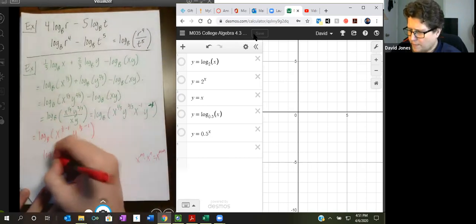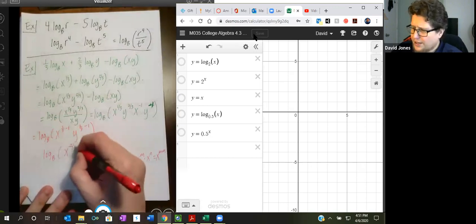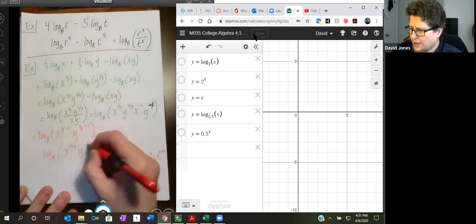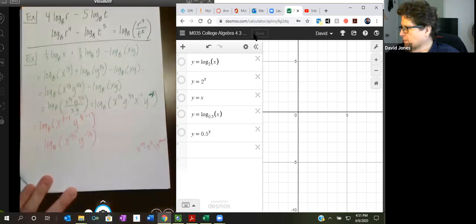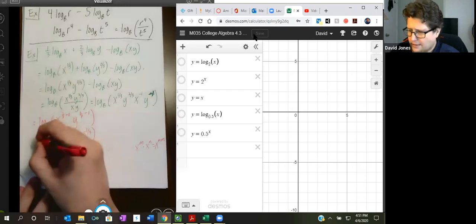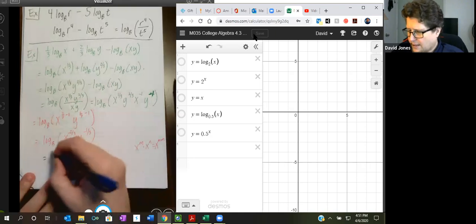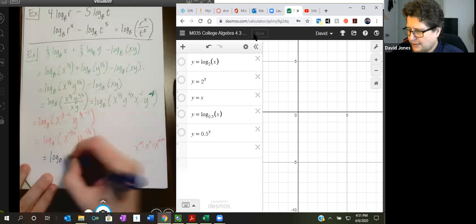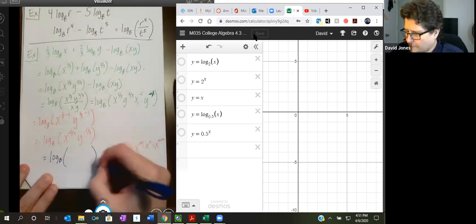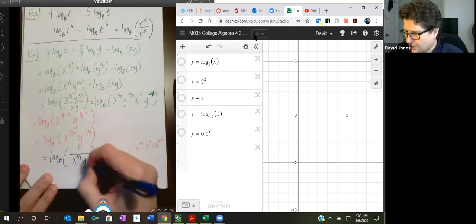So we have log base b of x to the -2/3, y to the -1/3. And if we want to write it without negative exponents, we can move it to the denominator. Log base b of 1 over x to the 2/3, y to the 1/3.